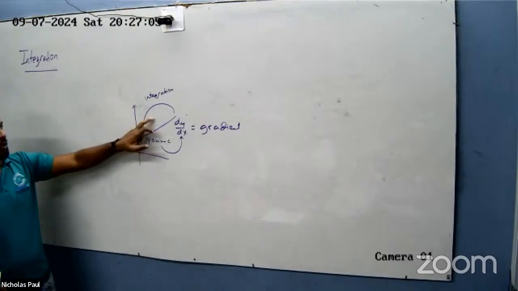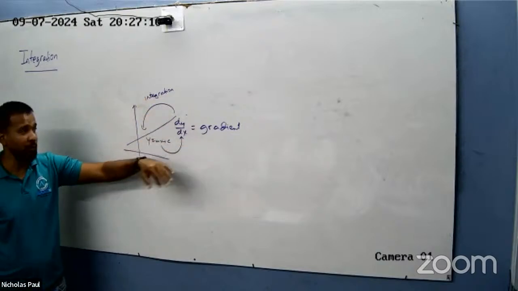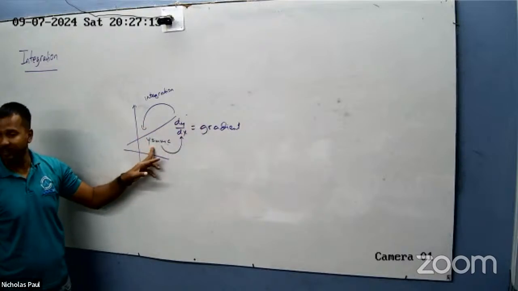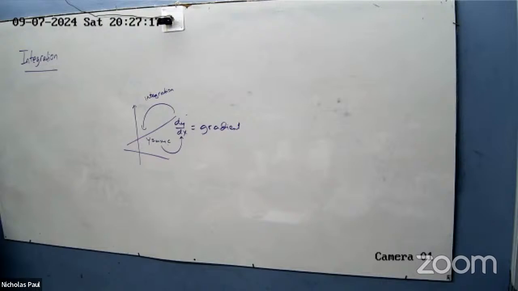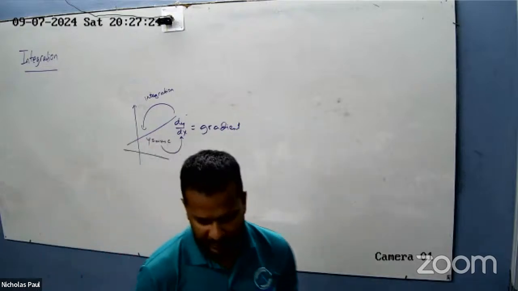So just make a note of why we do integration. We do integration to go in reverse, to go from the gradient or dy dx back to the original function. Okay? It has some other uses as well, to find area and things. But just make a note of this so you have an idea of why we're doing integration.